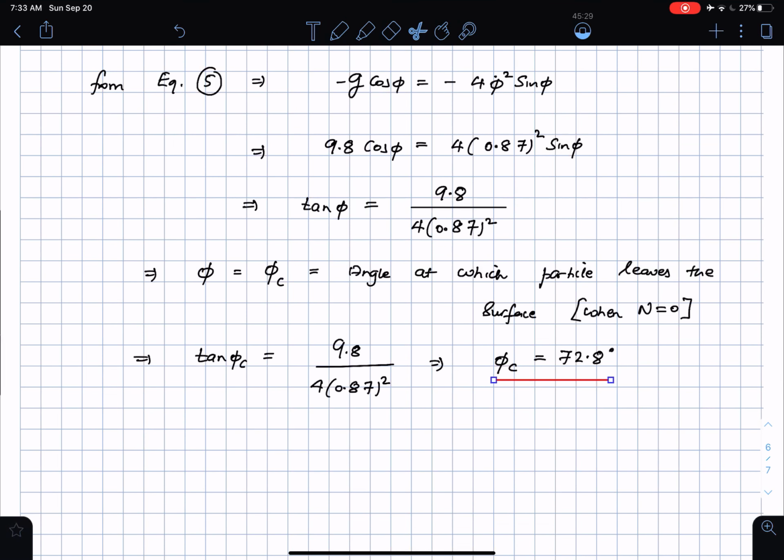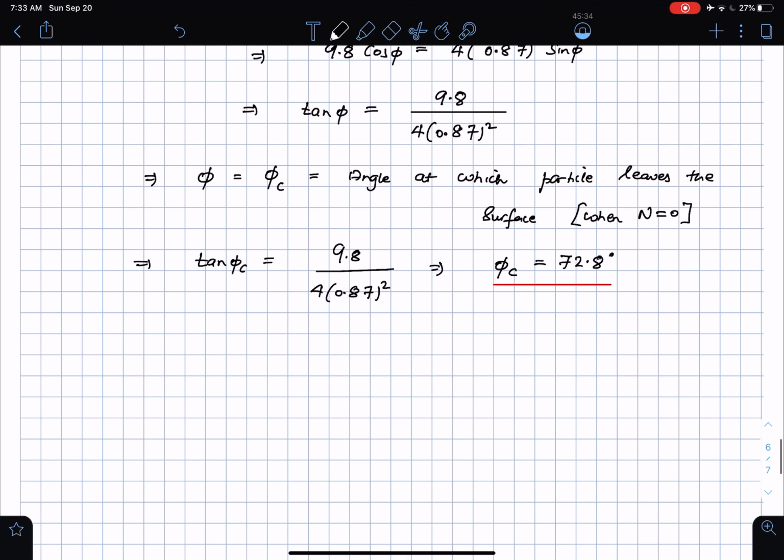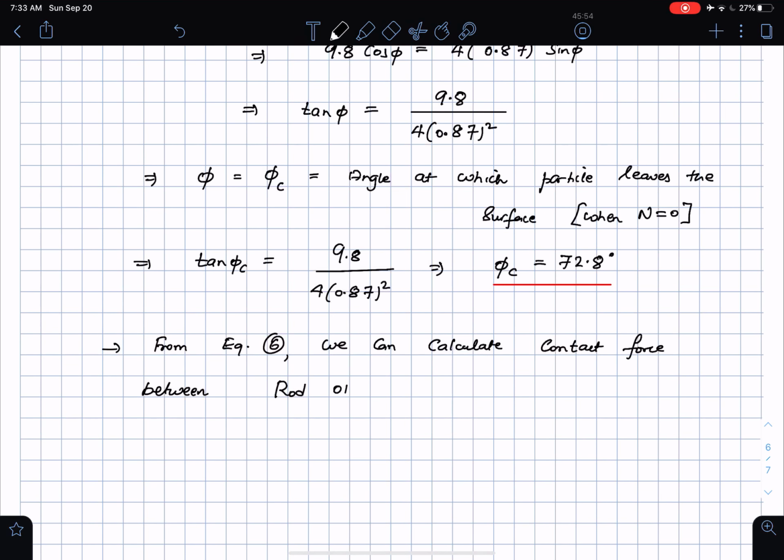From equation 6, we can calculate the contact force between the rod OA and the particle P at phi equal to phi c.